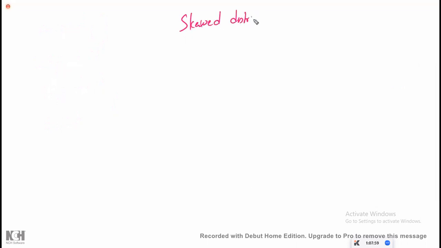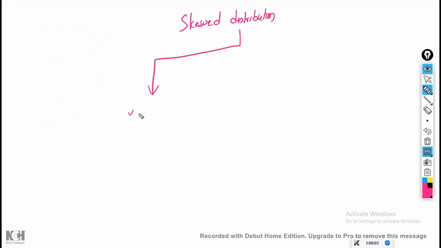Within the skewed distributions, we have 2 types. One is called left skewed. The second one is called right skewed. What is meant by skewed?